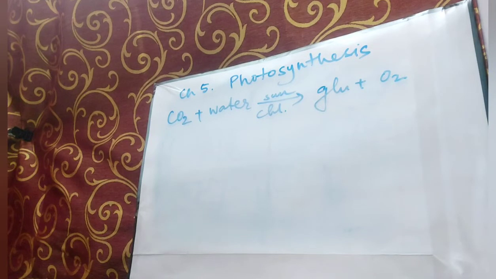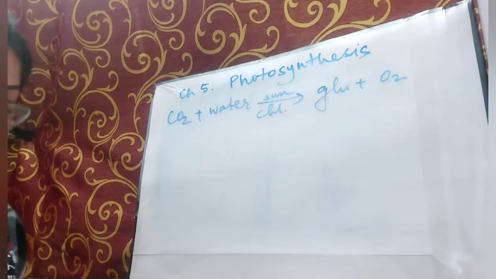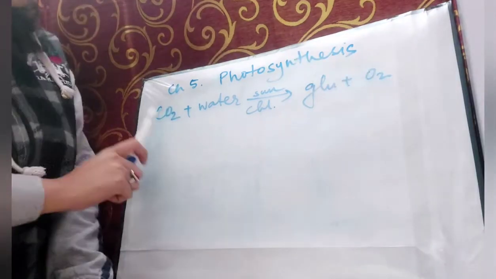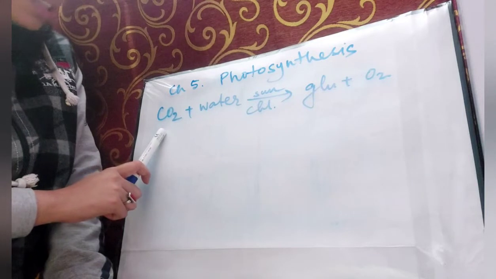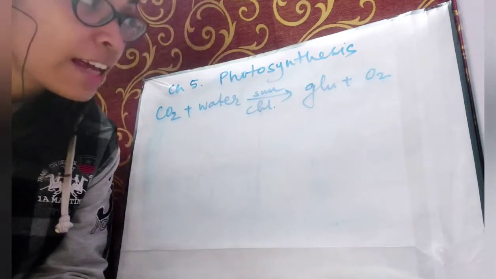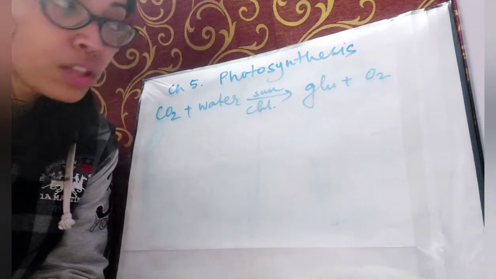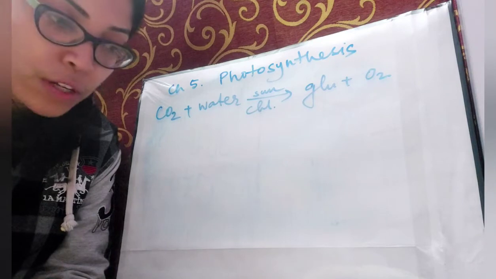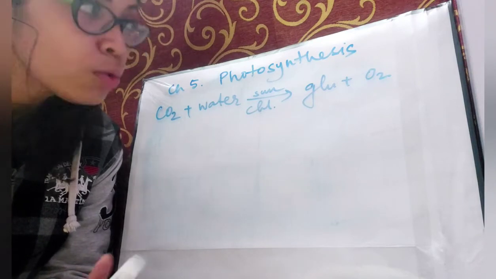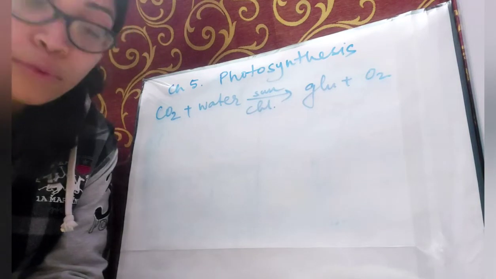Clear? This word equation is very important. Okay, you have to learn this by heart, and whenever you are asked about the process of photosynthesis, you should give this equation.